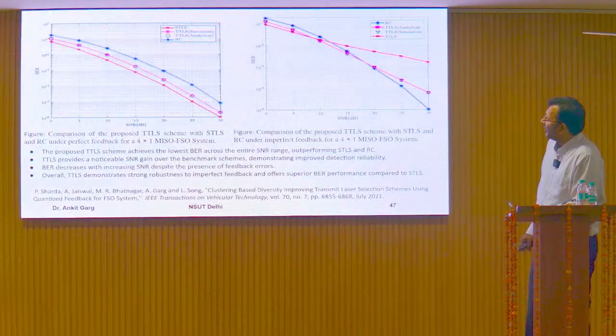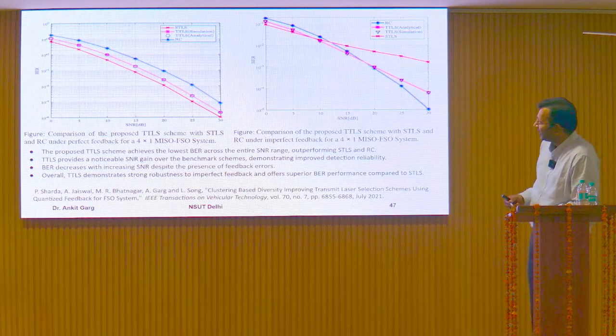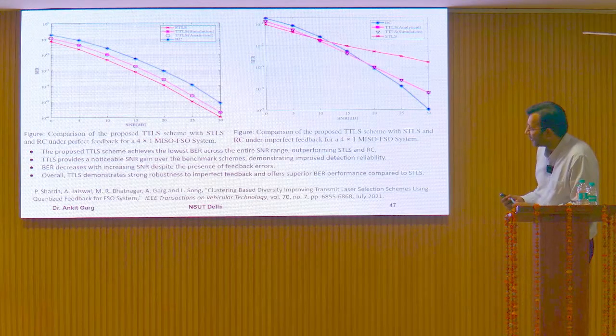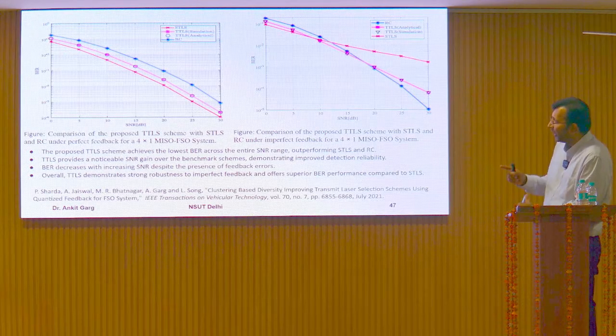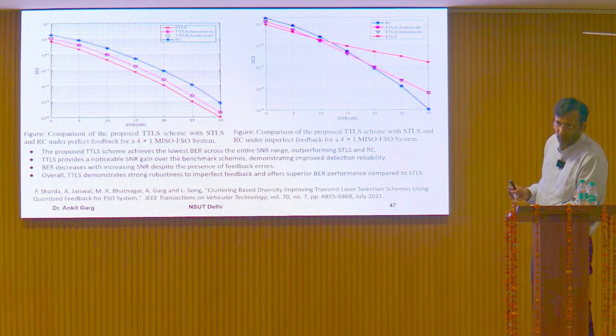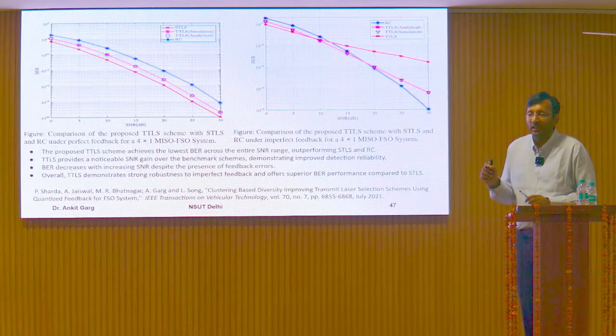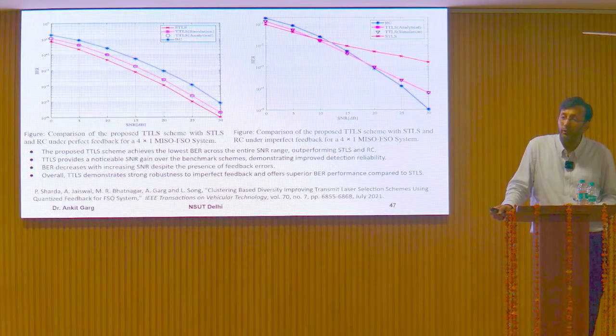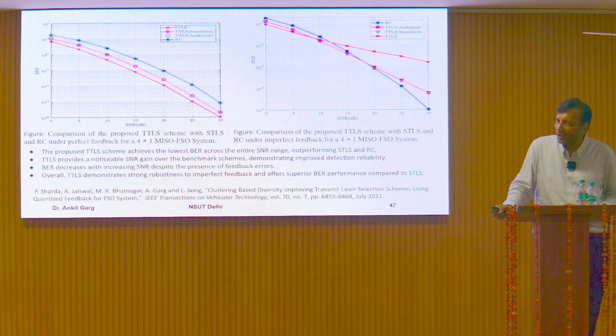And you can easily see the comparison between these graphs. You can find out that STLS is performing best out of the other schemes for this 4x1 MISO system, provided we have a perfect feedback scenario, right? Here we have not considered an eavesdropper, right? In the previous case, we had also considered an eavesdropper, where I told you single transmit antenna selection leaks more information towards Eve because confusion is less, right?